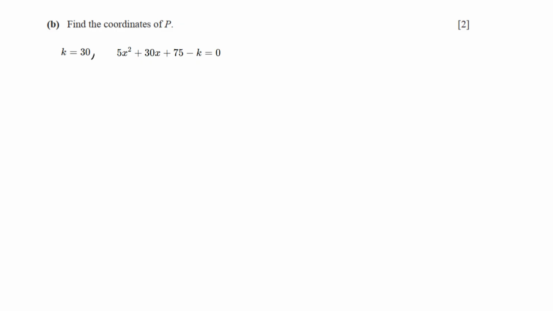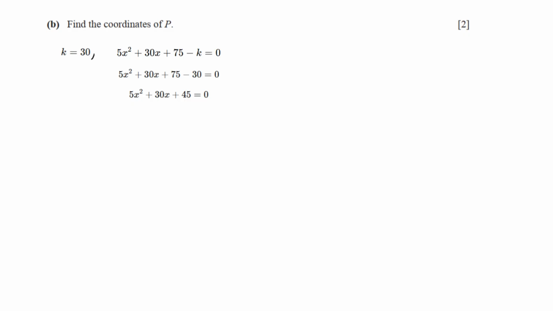So 5x square plus 30x plus 75 minus k is equal to 0. In that, let's substitute k as 30. So we get 5x square plus 30x plus 75 minus 30 is equal to 0. On simplifying this, we get 5x square plus 30x plus 45 is equal to 0.